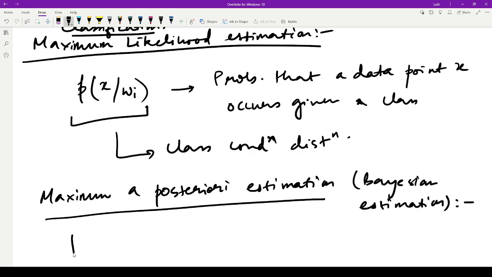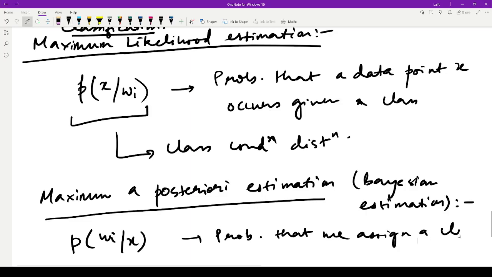We want the probability of Wi given x. That means the probability that we assign class Wi given a data point x.